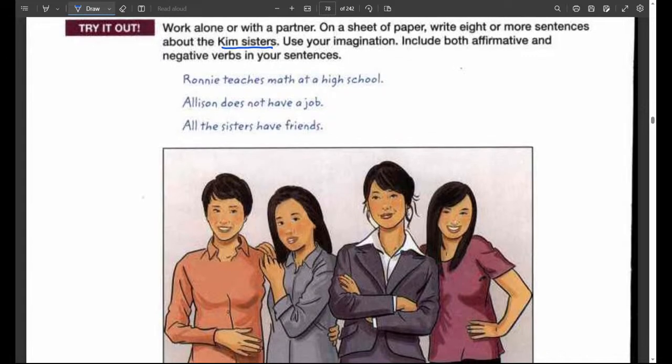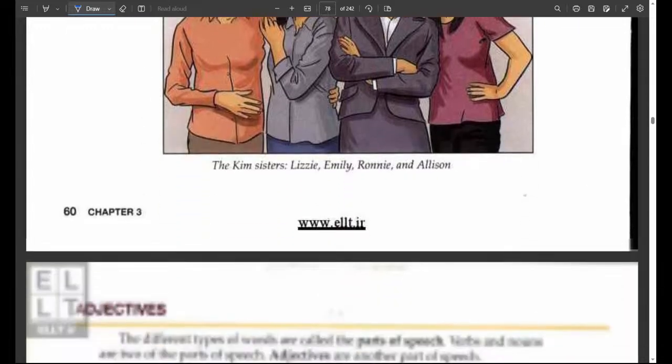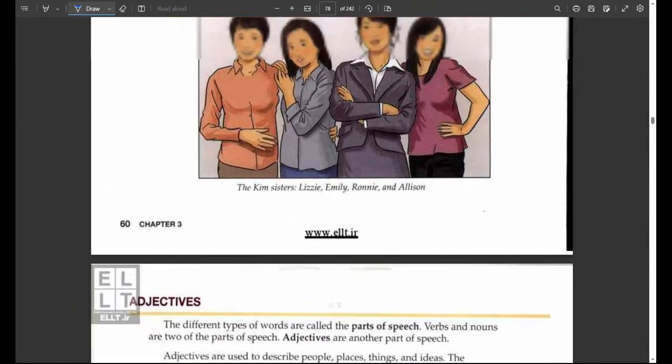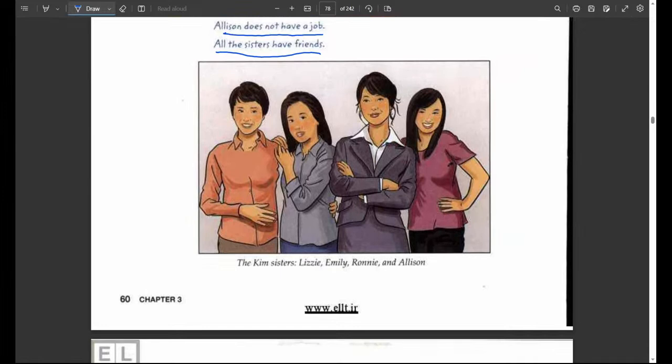Ronnie teaches math at high school. Alison does not have a job. All the sisters have friends. So these are Kim's sisters.